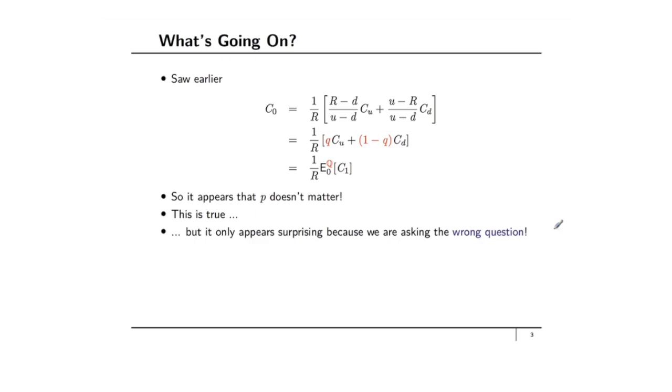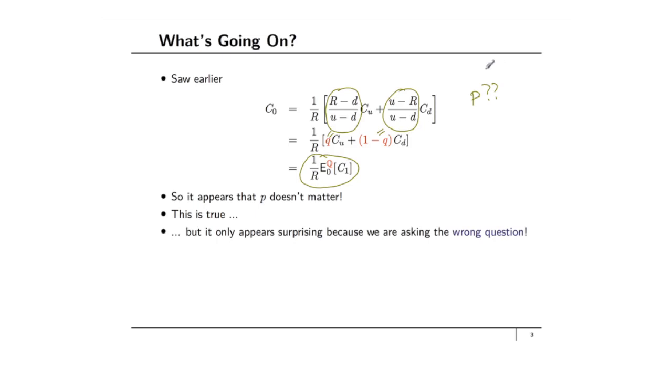In our one-period theory, we saw that the fair value of the option C0 is equal to 1 over R times the risk-neutral expected value of the payoff. So that's this quantity here, where the risk-neutral probabilities are given to us by Q equals (R minus D) over (U minus D) and this quantity, (U minus R) over (U minus D), equals 1 minus Q. And of course, we see that the true probability P just doesn't seem to appear anywhere.